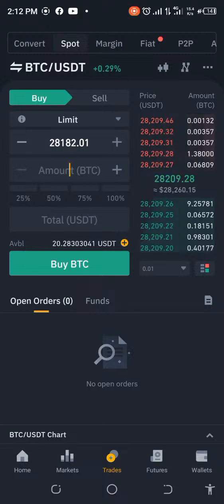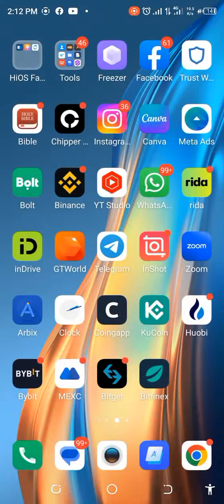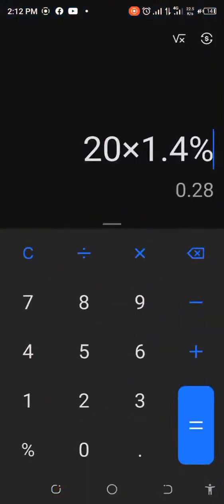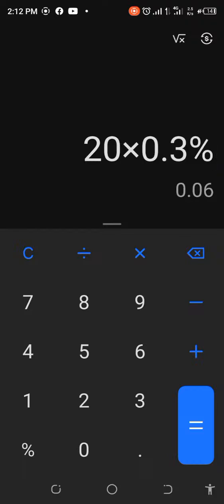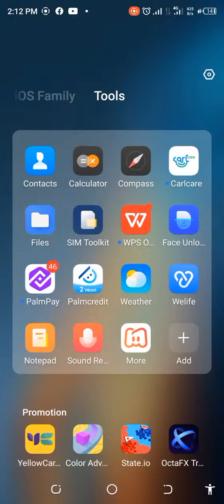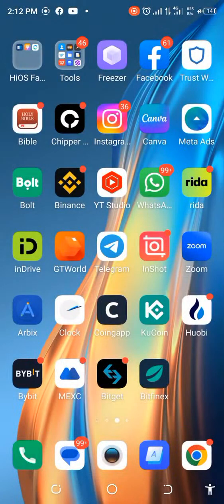Remember, it's 0.1% each, so in the long run you're going to be paying 0.3%. What is 0.3% of $20? That's 6 cents. That's actually understandable. So always prepare for that whenever you're doing your trade.